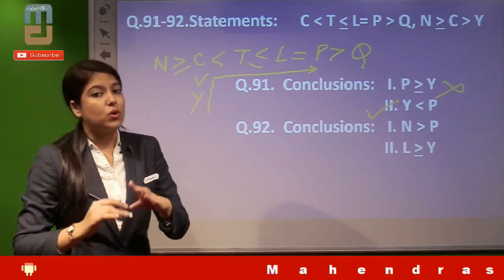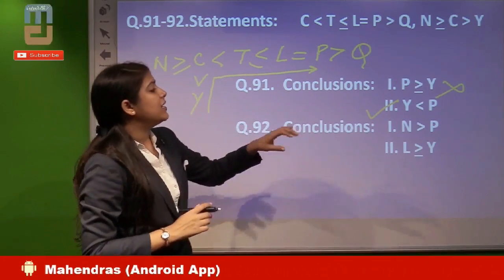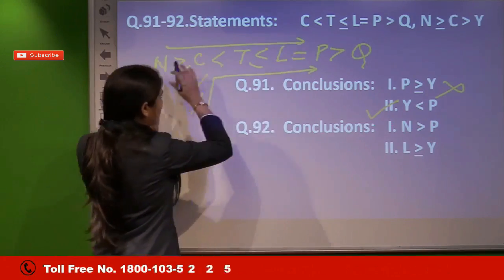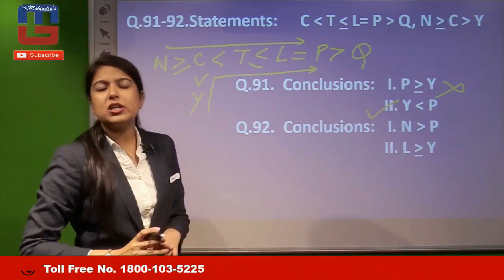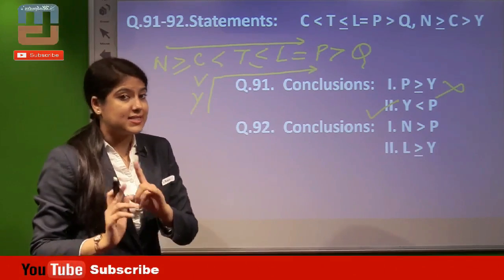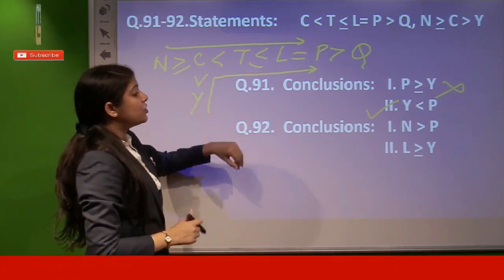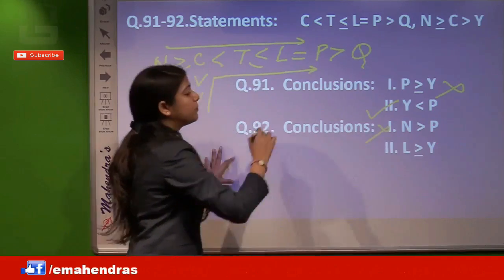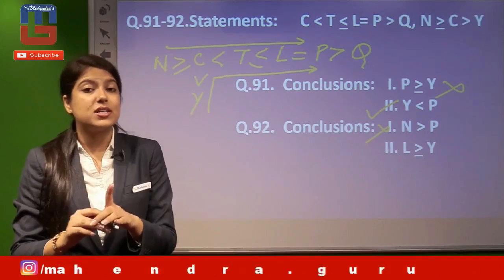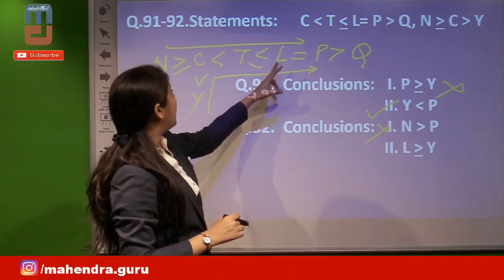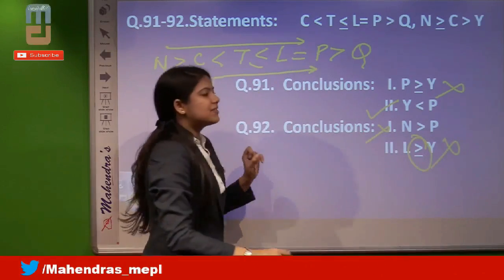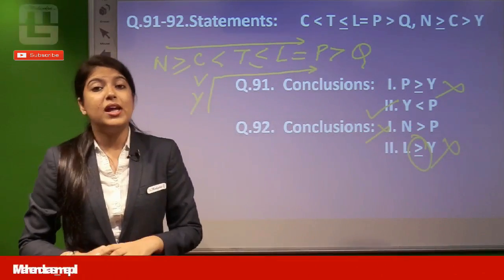So we can say conclusion number 2 is true, right? Question number 92 demands N greater P. From N to P, do you find any relation between N and P? No, because there are definitely opposite-going signs. So conclusion number 1 will be the false one. And if we talk about conclusion number 2, that is L greater equal Y, going from L to Y, again this sign would be dismissed and this conclusion would also be false.